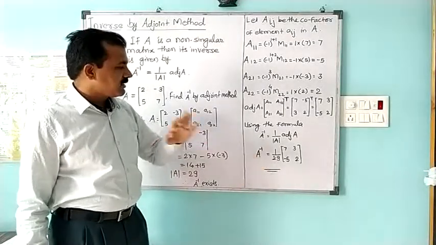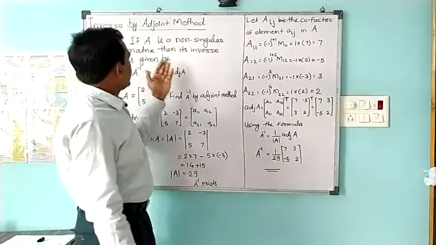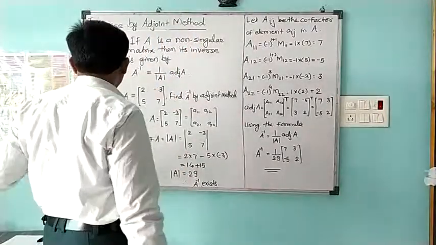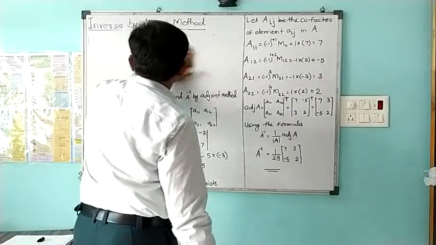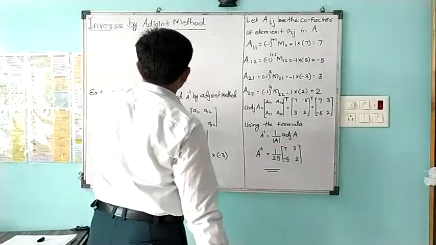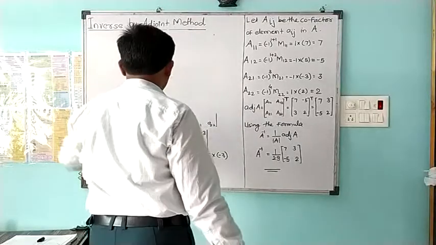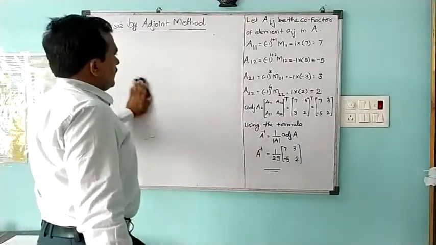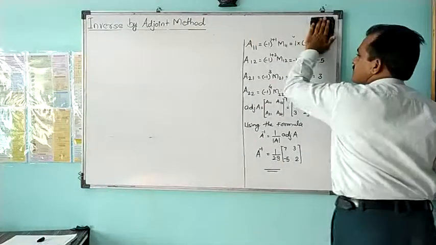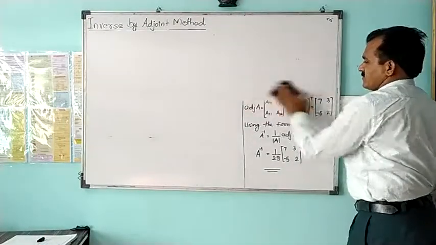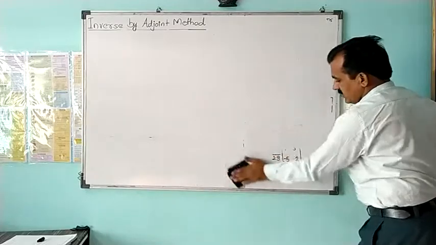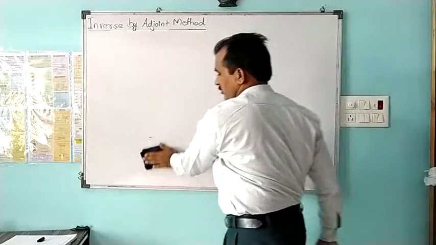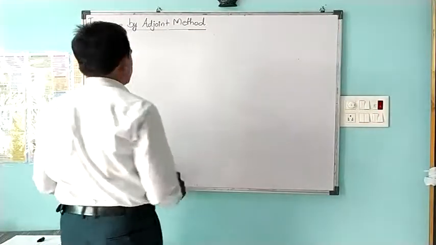Now we will discuss an example for getting the inverse by the adjoint method having order 3. This is simple as compared to the row and column transformation.